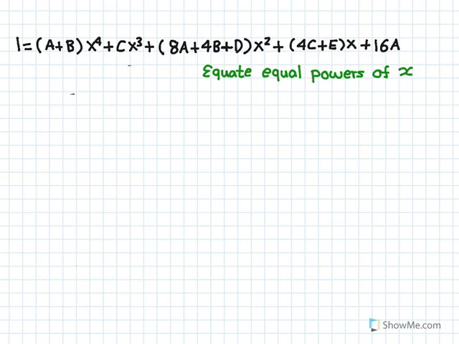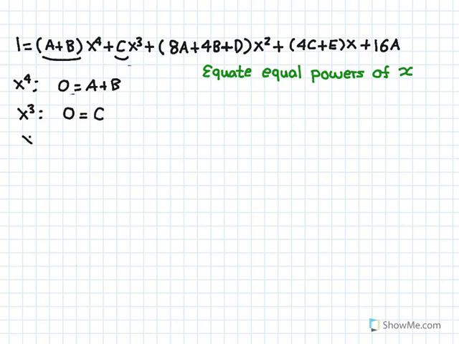Alright, so now we can equate equal powers of x. Let's look at the power of x to the fourth. On the left hand side, the power of x to the fourth is just 0. On the right hand side, the power of x to the fourth is a plus b. So we have our first equation. Let's look at the power of x cubed. On the left hand side, the power of x cubed is 0. On the right hand side, the coefficient of x cubed, I should say, is c.